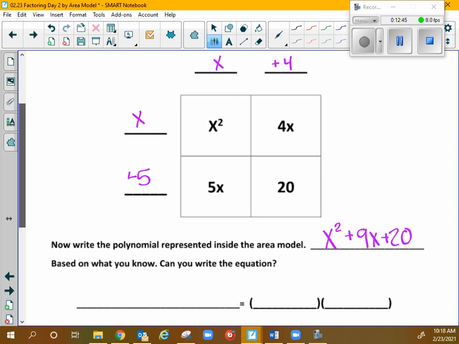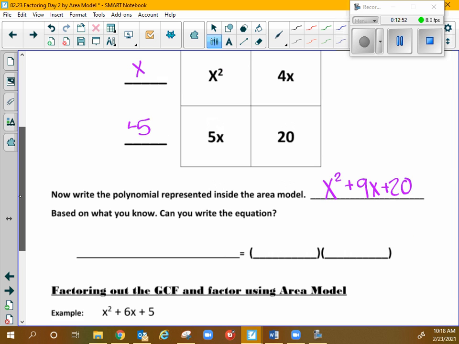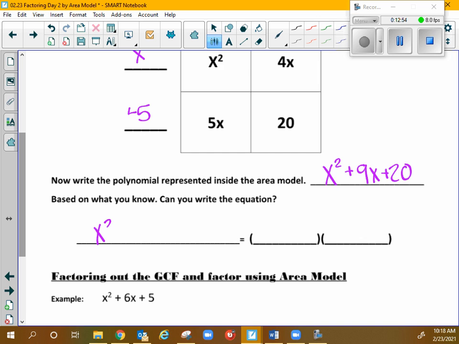So those are the factors. So if I have x squared plus 9x plus 20, I can factor it and rewrite it as x plus 4 times x plus 5. So we're just reversing what we did previously.